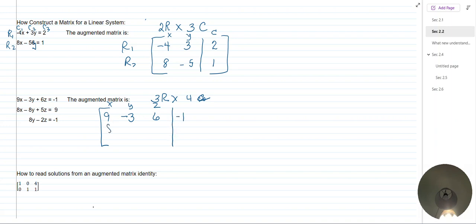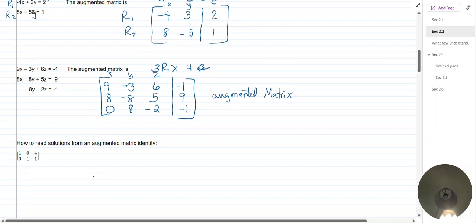Then here I'm going to have an 8, a -8, a 5, and a 9. Here I'm going to have a 0 for x. Then I'm going to have an 8 for y, a -2 for z, and a -1. This is my augmented matrix.